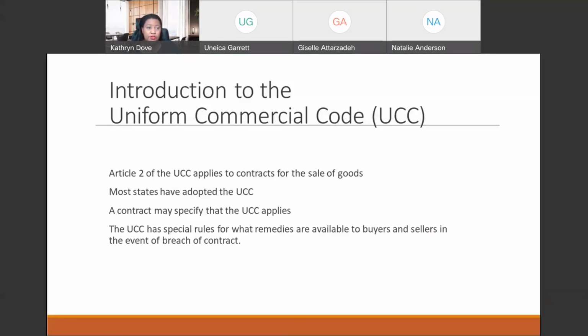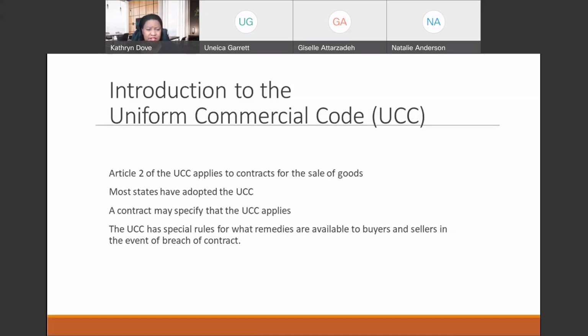The Uniform Commercial Code is a source of law that specifically applies to contracts for the sale of goods. So when you're selling goods in the stream of commerce, there's certain principles that apply because we want to uphold contracts for the sale of goods because it's very important to our domestic and global economy.